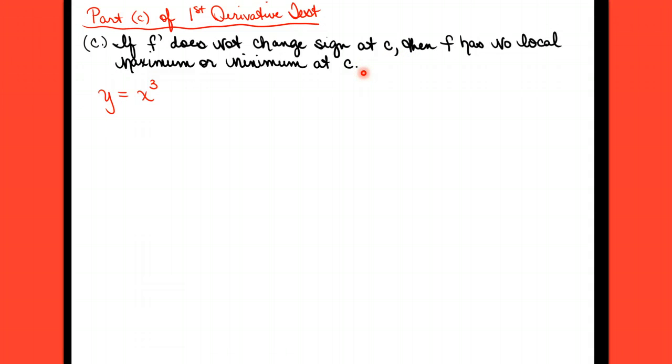If it changes from positive to negative or negative to positive, yes, you have a local maximum or minimum. You have a relative maximum or minimum. You have a local extrema or a relative extrema. But if the sign does not change at that critical number, then you do not have a maximum or minimum there. So look at how that fixes the problem that we had back in 4.1.